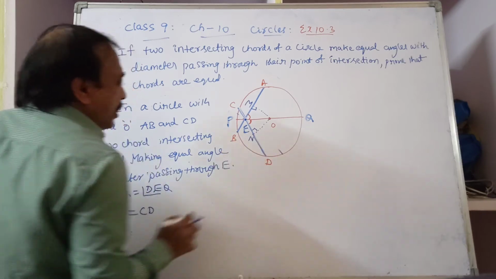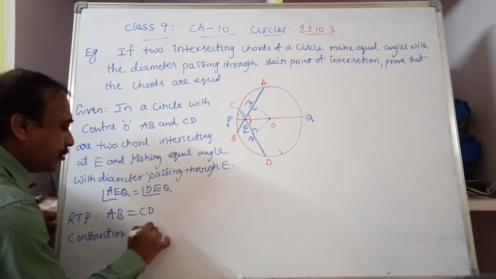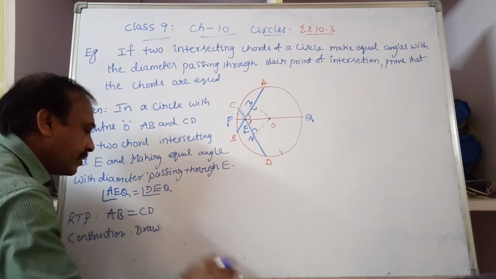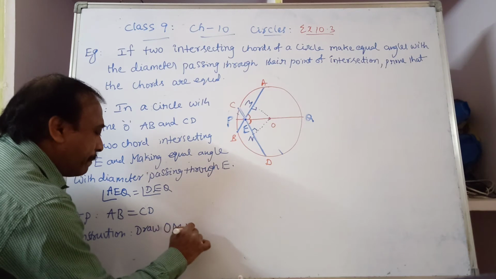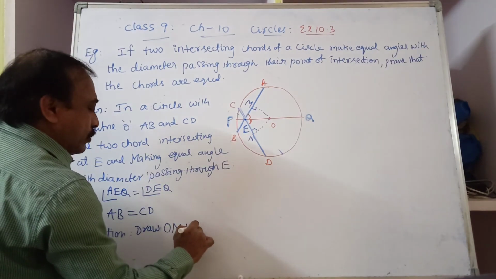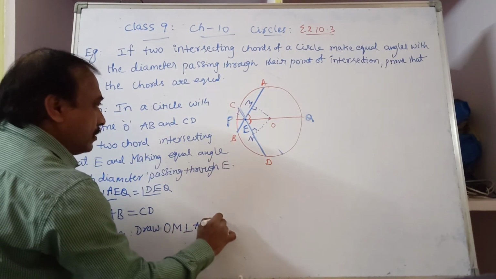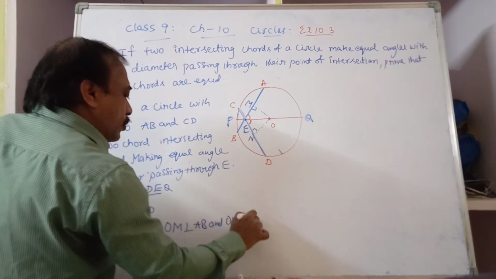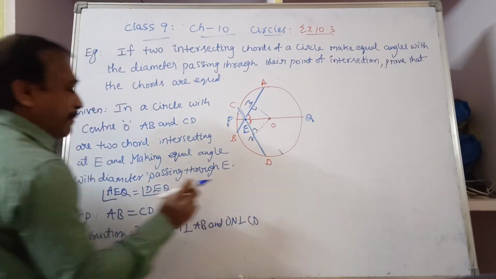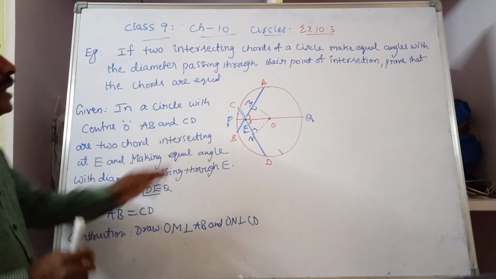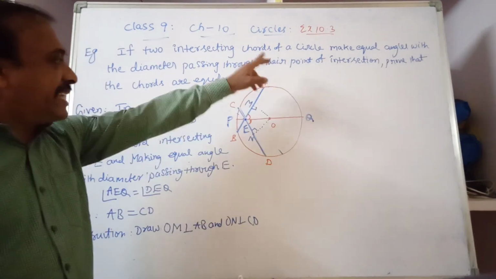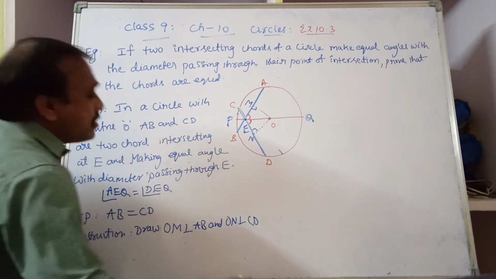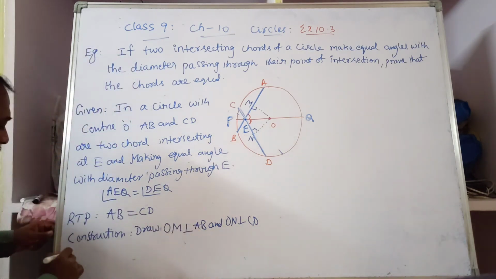So draw OM perpendicular to AB and ON perpendicular to CD. We are constructing perpendicular lines from the center O to AB and CD. Now you observe it. So proof.